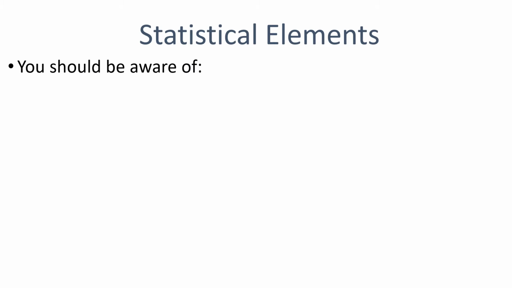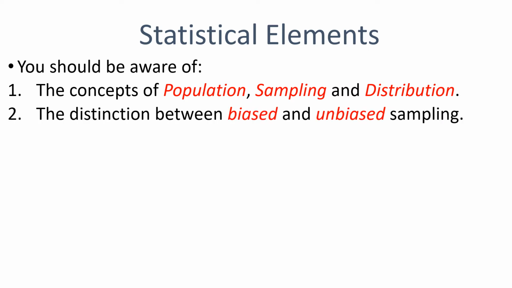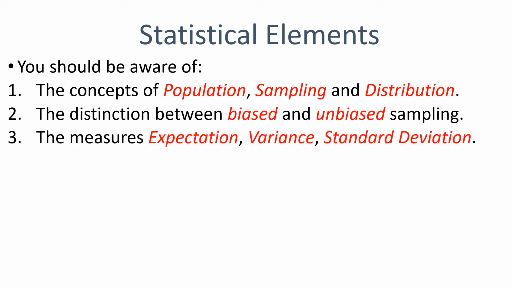So statistical elements you have to know about, you have to be aware of. You should know what this idea of a population is describing, what it means to sample elements from a population, and this notion of a probability distribution. You should be aware of the difference between biased and unbiased sampling methods.